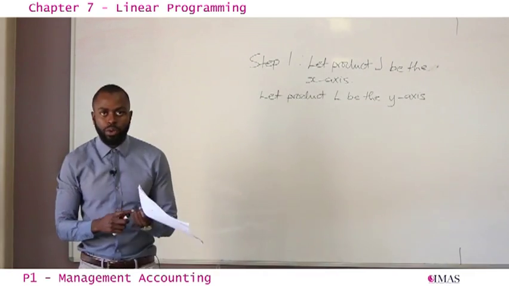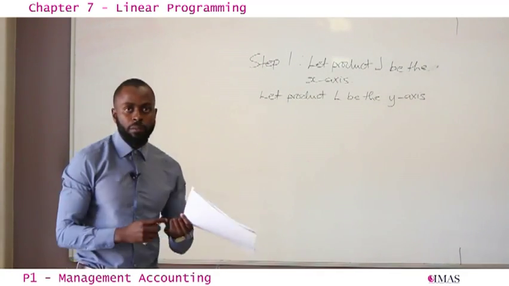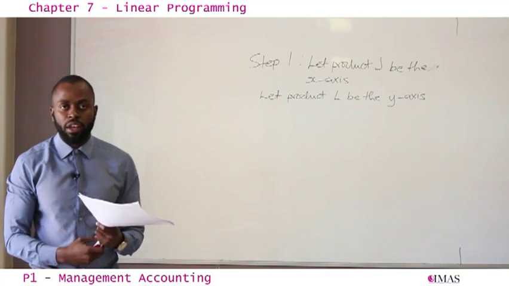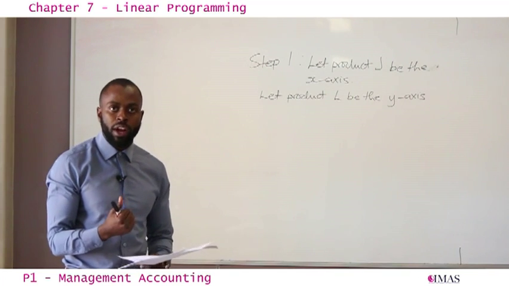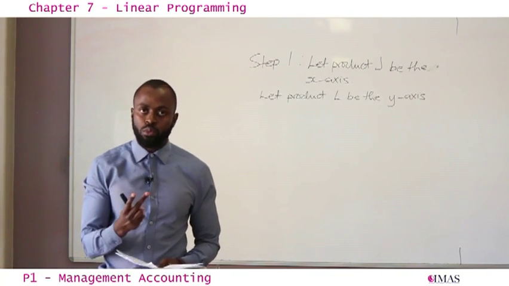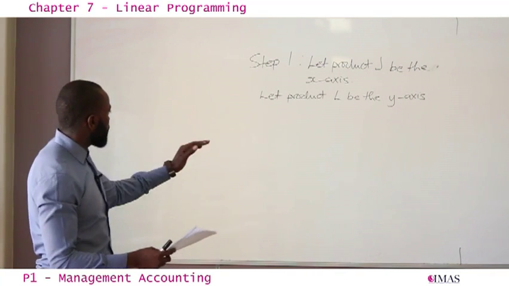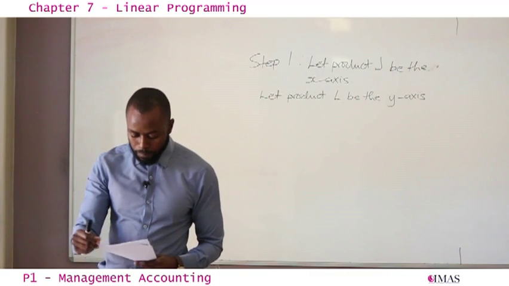Or you can have it the other way around: let product L be the x-axis, let product J be the y-axis. That's basically step 1. We just want to give our product to either the x-axis or the y-axis. That's why for linear programming, we can only use it if we have 2 products, because we can only use the x and the y-axis, for our syllabus.